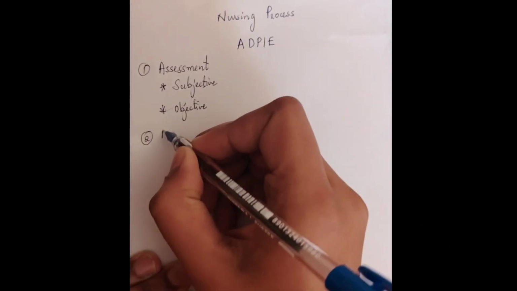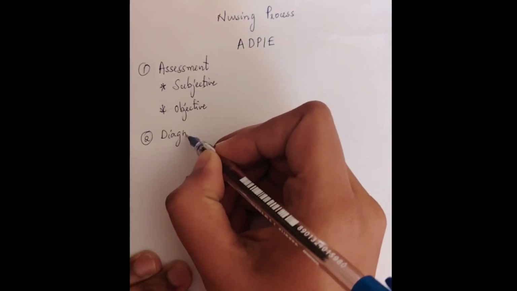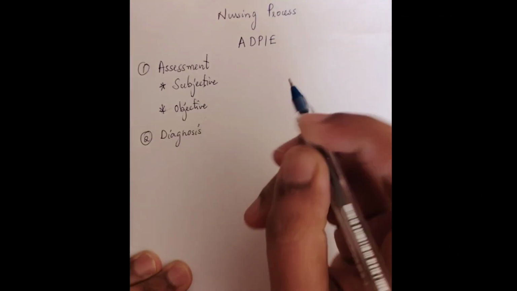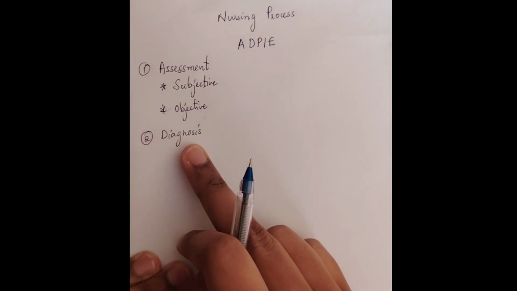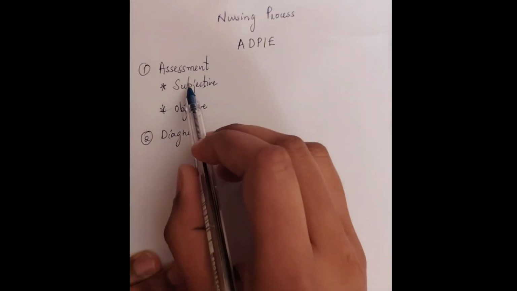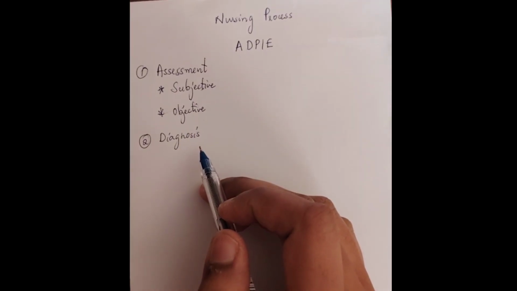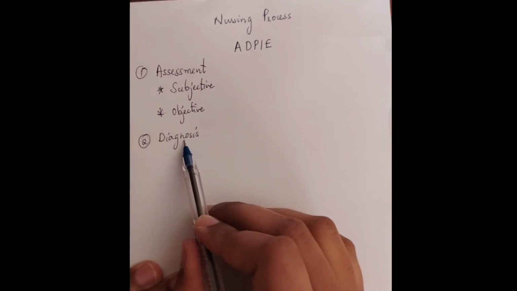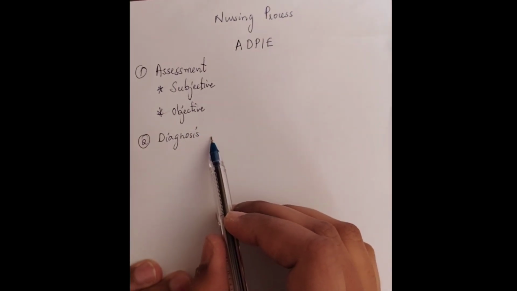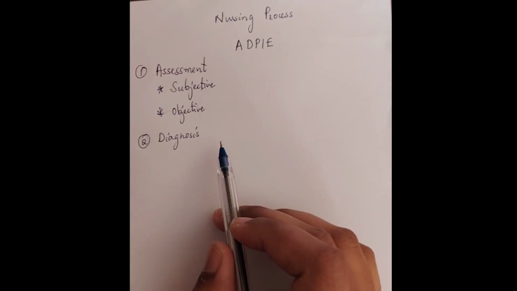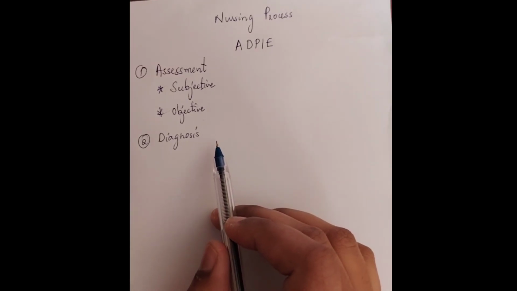Okay. Next step is, this is the first one. The second one is diagnosis. Now, this is nursing diagnosis. In this step, we will analyze the assessment details that we have gained, and then we'll arrive at a nursing diagnosis. And nursing diagnosis is not same as that of medical diagnosis. For example, medical diagnosis might say that the patient is diabetic.